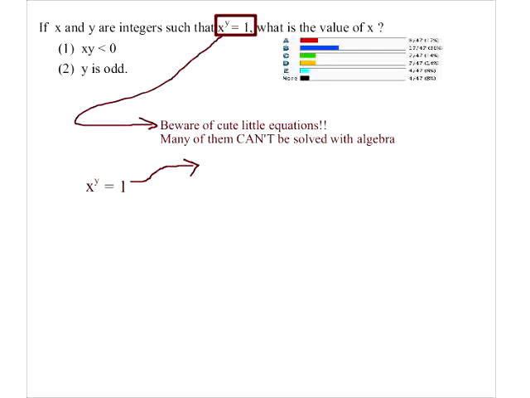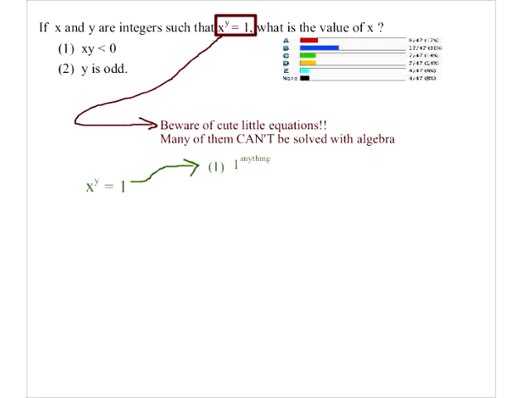So, okay, if x to the y equals 1, the first possibility is that x might be 1. So 1 to the anything. You can raise 1 to any power at all and get 1.